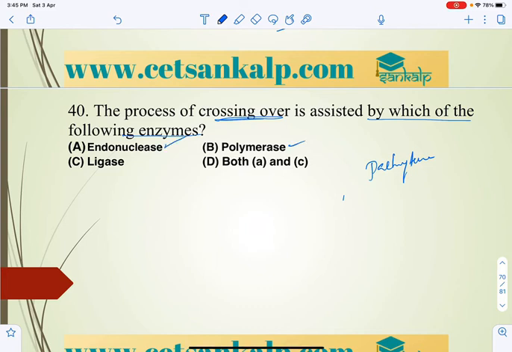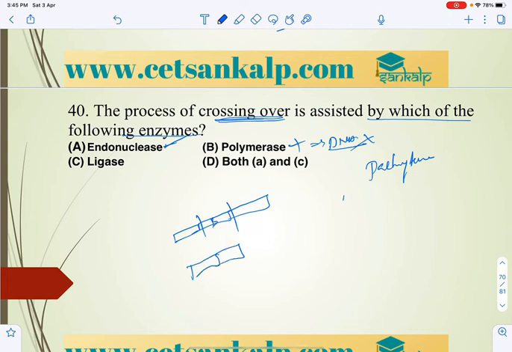So the process of crossing over is assisted by which of the following enzymes? Polymerase, that is DNA polymerase, is for DNA replication. Endonuclease is going to cut a particular segment. If these are the two segments, the endonuclease will cut that segment, this is the B segment, and here will be the C segment.